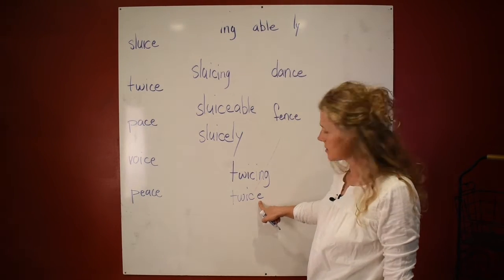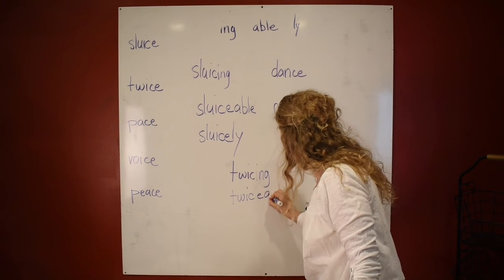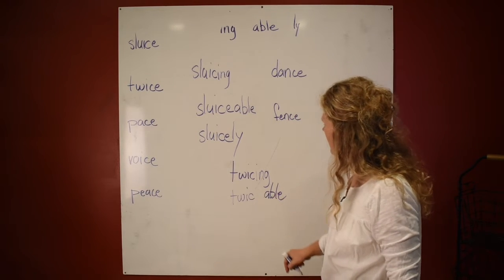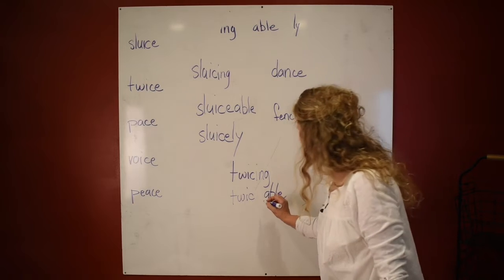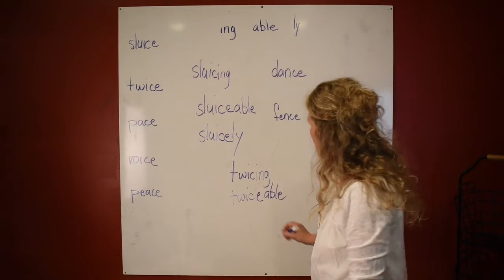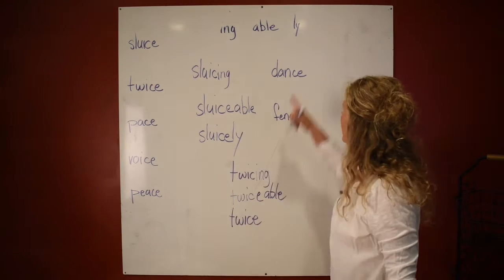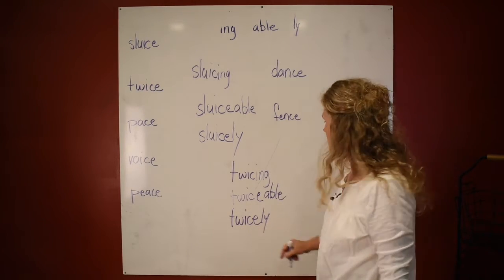So if we drop this E, it will force this to say k. So we just add on A-B-L-E. Okay, so let's see if we take the E out, it would say twikeable. We don't want it to say twikeable. We want it to say twiceable. Okay, so let's do twice again and add on our consonant suffix. You just add it on, you don't drop the E.